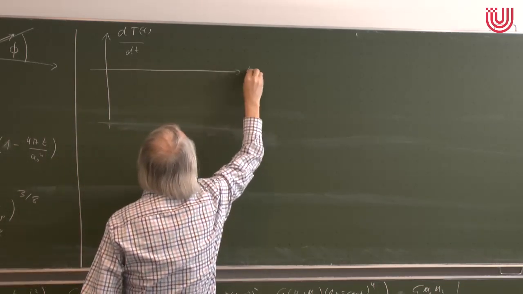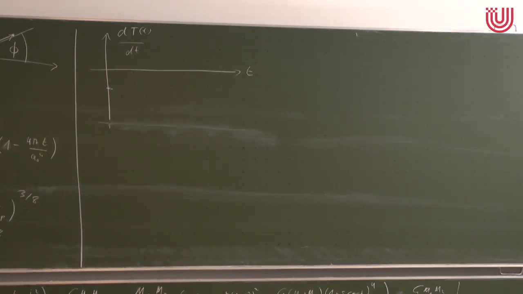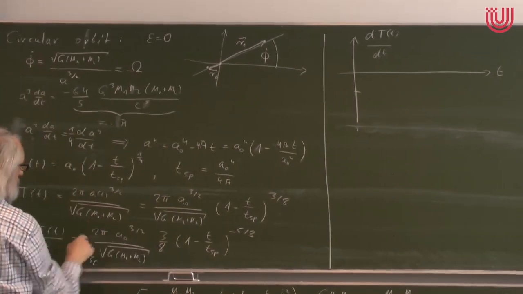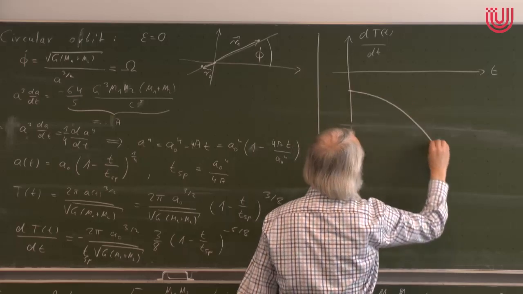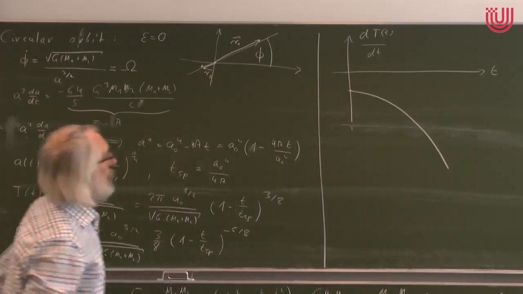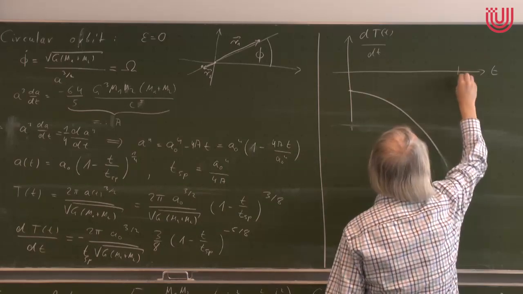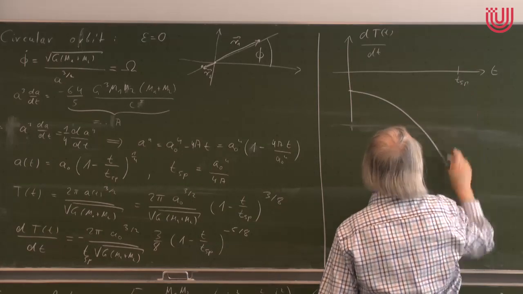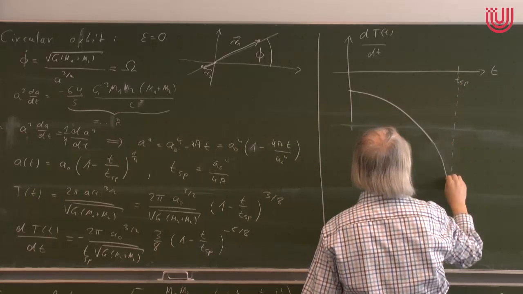So it starts with some negative value, there's this value here, that's at t equals 0. This negative value. And then it goes down like that. And in our approximation, it asymptotically approaches minus infinity here. So it does something like that.